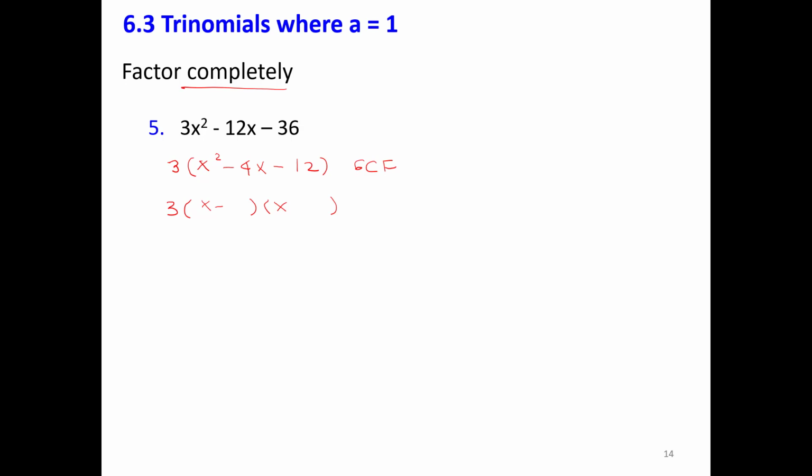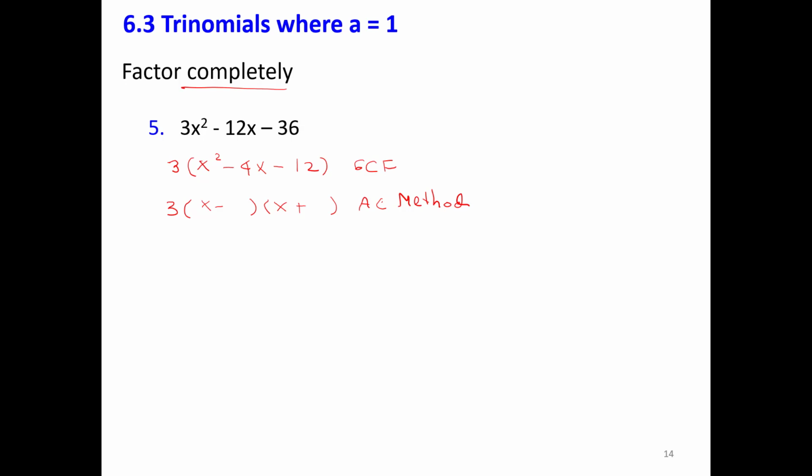This one is negative, and negative times negative is positive. Here we use the AC method. We need to find two numbers. If we multiply them, it equals 12, and if we subtract the numbers, it equals negative 2.